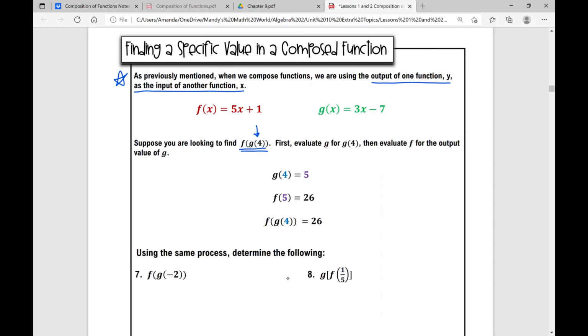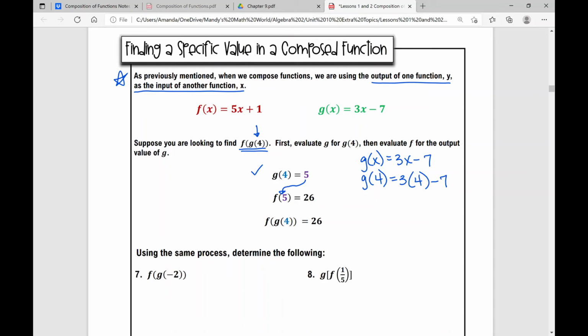G of 4 in this function up here, if g of x equals 3x minus 7, then g of 4 equals 3 times 4, which is 12, minus 7, which is 5. G of 4 equals 5. What we're going to do is we're going to take the output of that function and use it as the input of the other function.